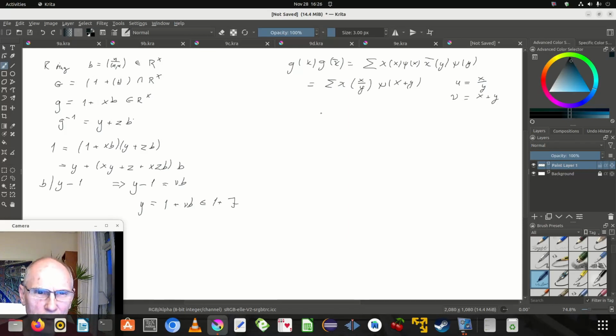And of course, we have x and y lying in the multiplicative group.